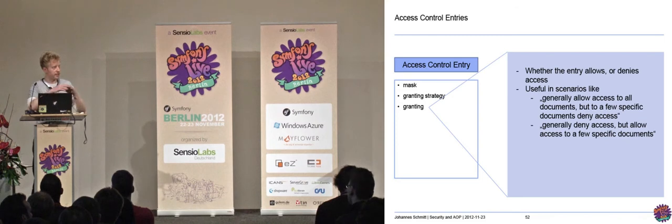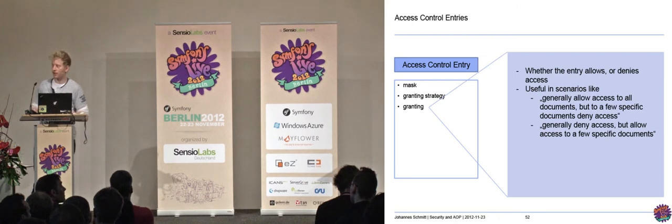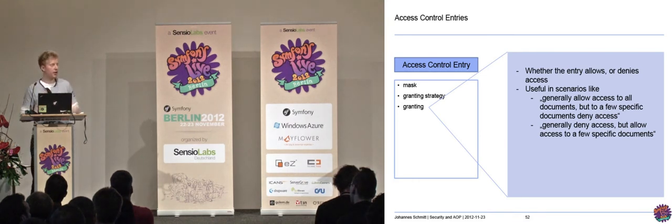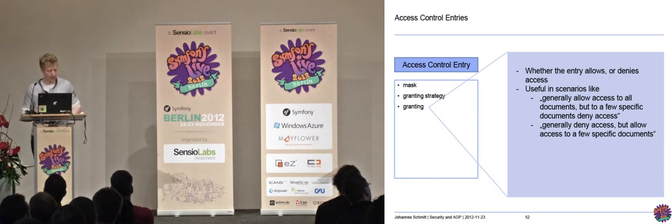So you would create a granting entry for the class as a whole, and then you can create several denying entries for certain objects that you want to deny access to. You can also, of course, use the opposite case where you generally deny access but only allow access to a few specific documents by using the granting flag.